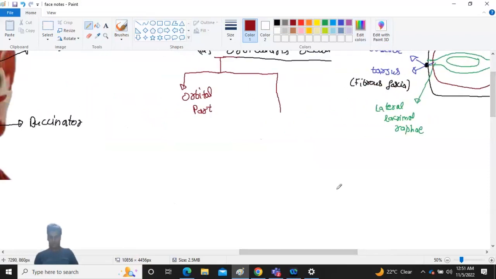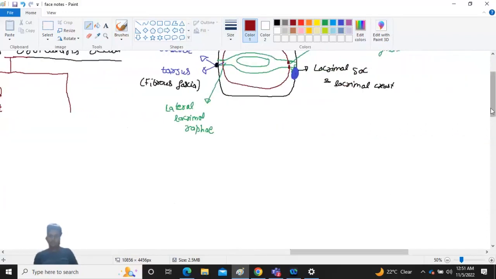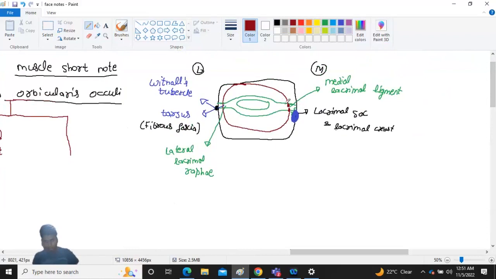We have to form a table. The second part and third part. The second part is like this. The second part again originates from this and goes inside to this portion. This is called the orbital, this is called the palpebral part.